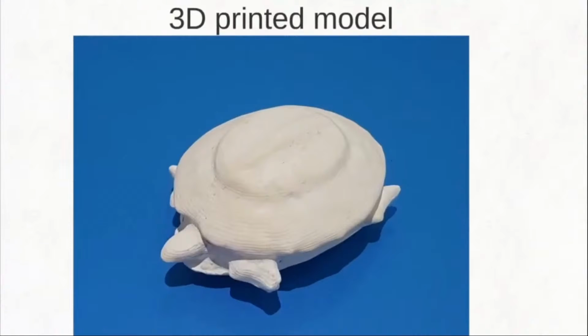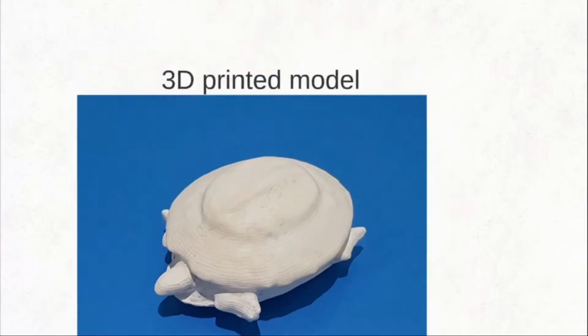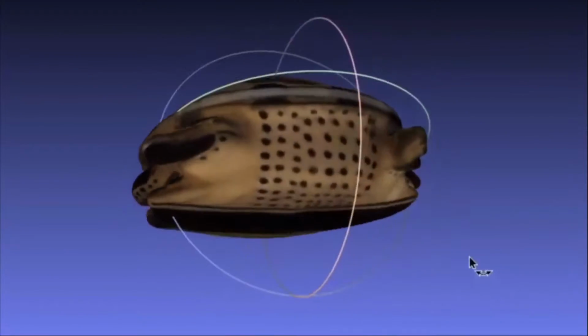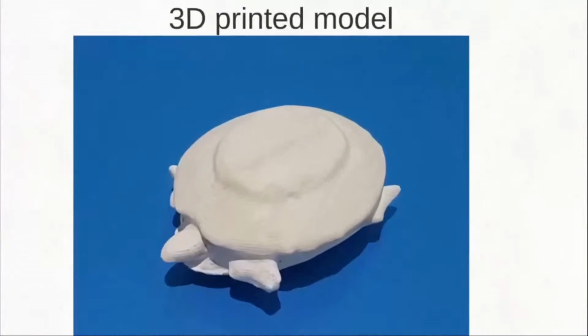And this is the 3D printed object. As we can see, today it's possible to physically reproduce a 3D model with a well-known process. However, to physically reproduce a 3D model with colors is a hard task.